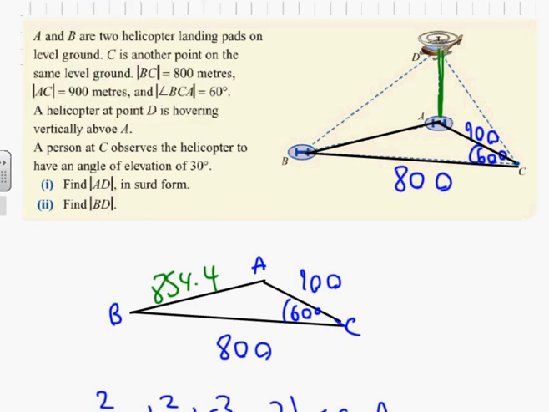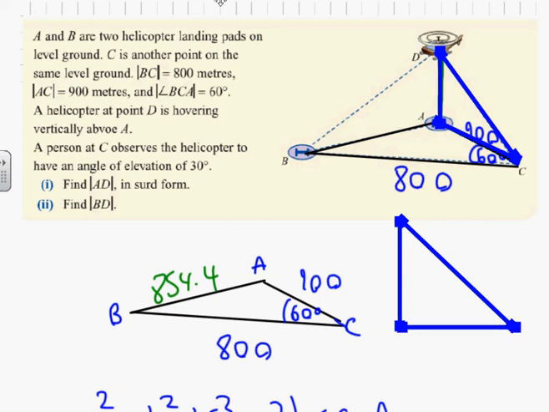Okay, so the next thing I'm going to do is isolate my right angle triangle here. It's the right angle triangle ADC. So I'm just going to draw it here. See this ADC triangle? Now the ADC triangle says that C observes the helicopter to have an elevation of 30 degrees.